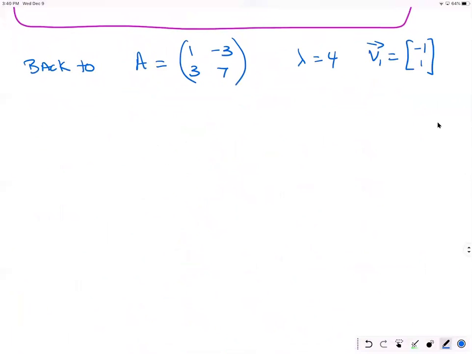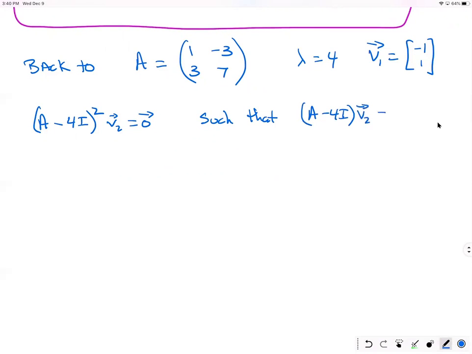Okay, so (A minus 4I), because lambda was 4, squared times v2 equals 0, such that (A minus 4I) times v2 equals v1.